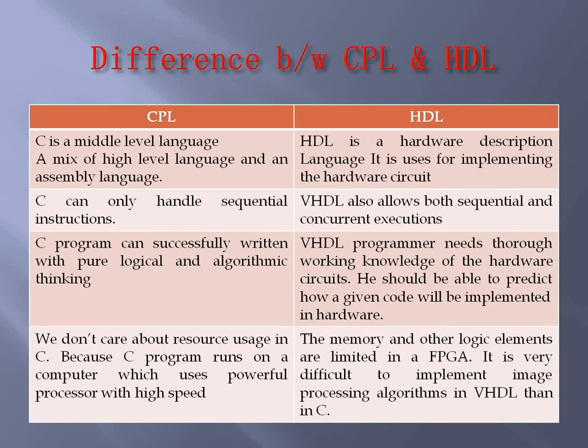FPGA is one of the PLDs, that is, programmable logic devices. It is very difficult to implement image processing algorithms in VHDL, but hardware implementation becomes easy when you go with a hardware description language.